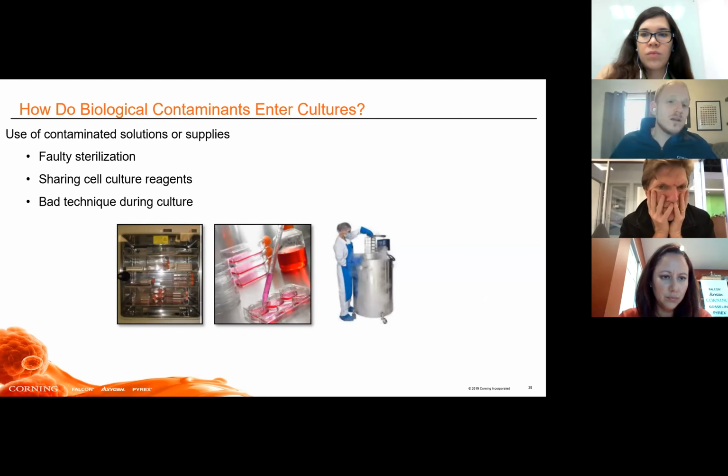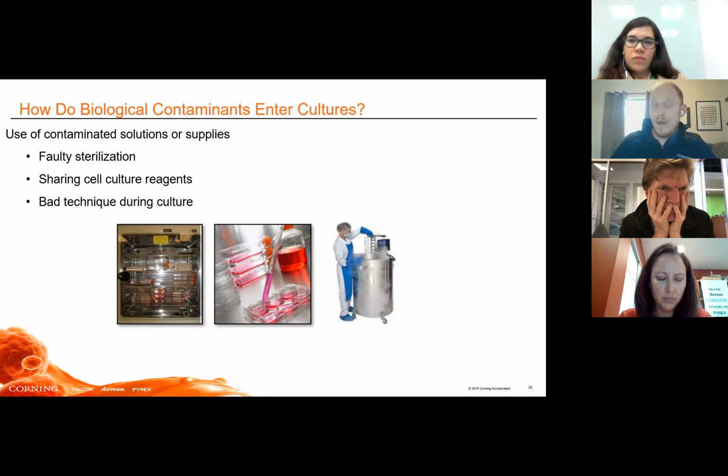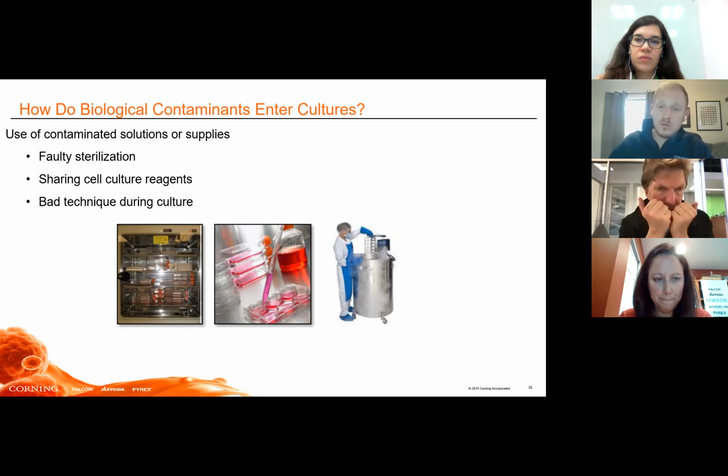Some of the common root causes or ways that contaminants are introduced can be contaminated solutions or samples, and faulty sterilization. Autoclaving is a very common method for sterilizing things. However, if you pack out the autoclave or if you have something closed, it oftentimes does not get successfully sterilized.